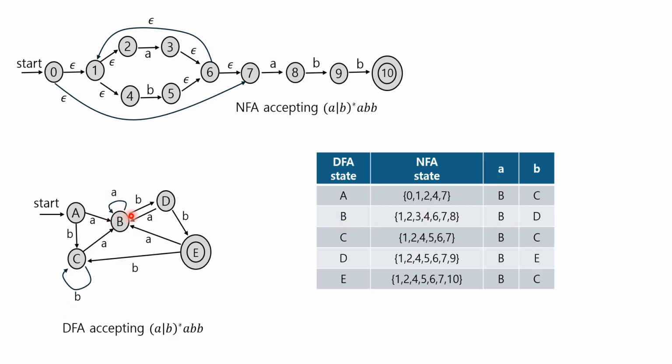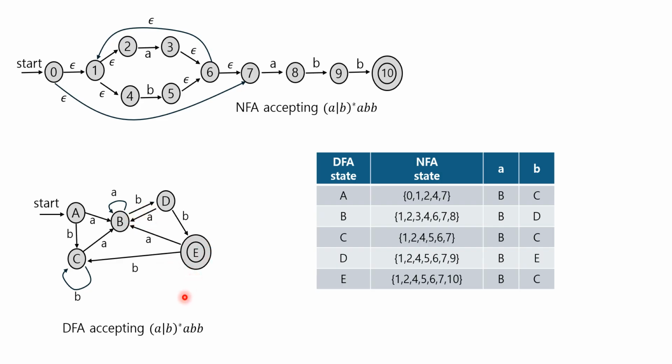You have an a transition from B to B, and from B to D, you connect with a b transition. So from state B to D, you can connect with a b transition.